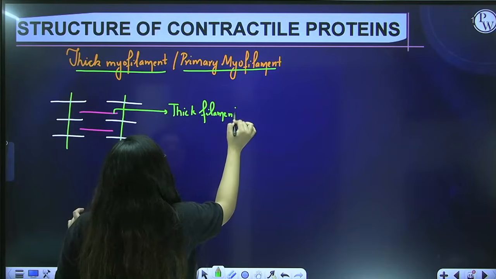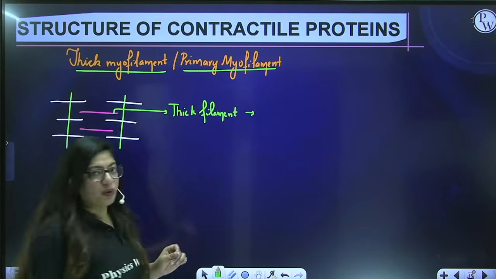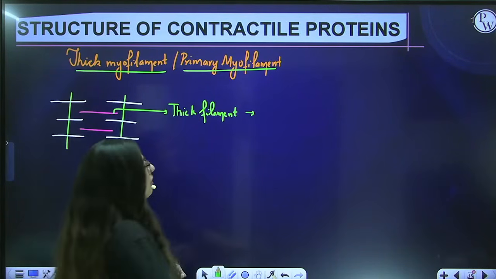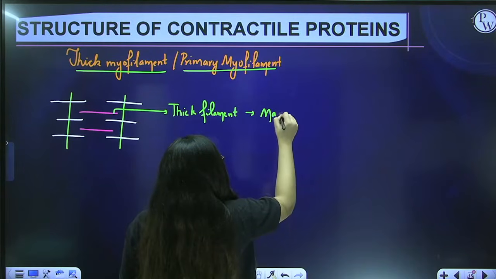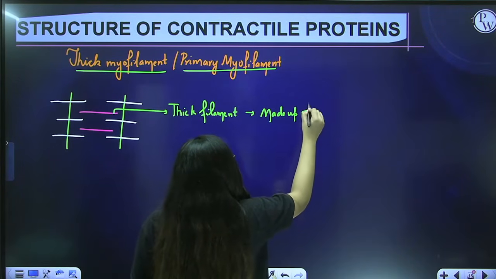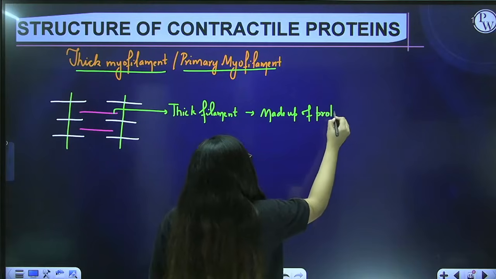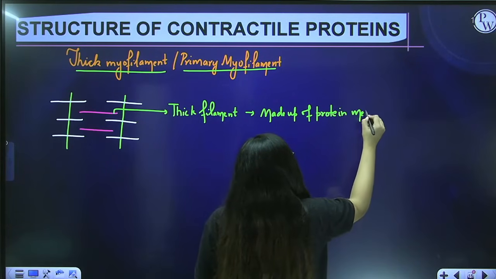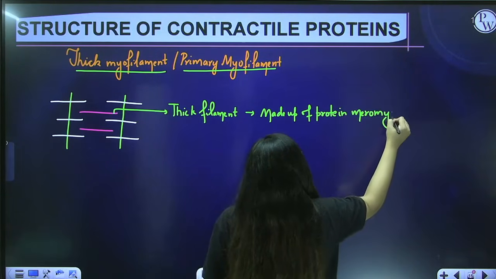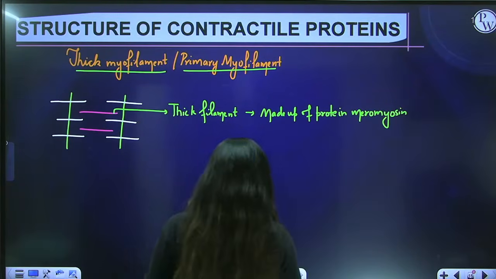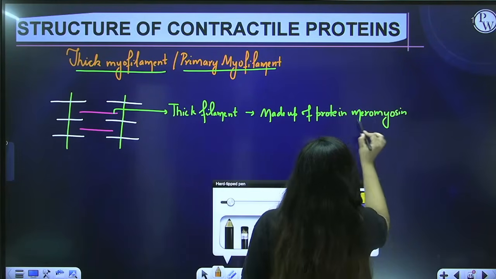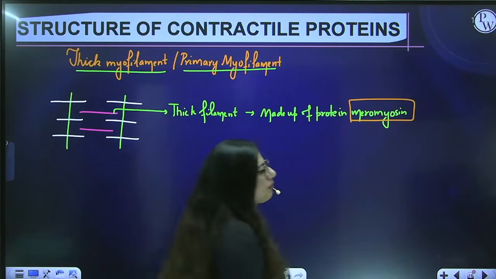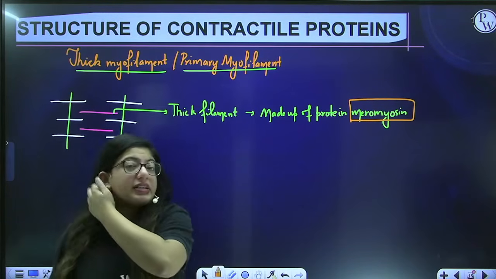These thick filaments are made up of a protein known as meromyosin. What are they made up of? Protein. And what is this protein? Meromyosin. This meromyosin is further made up of polypeptide chains. How many polypeptide chains? 6 polypeptide chains.